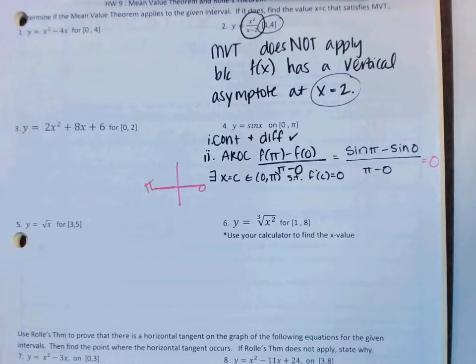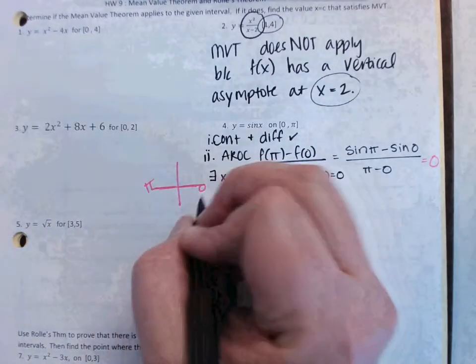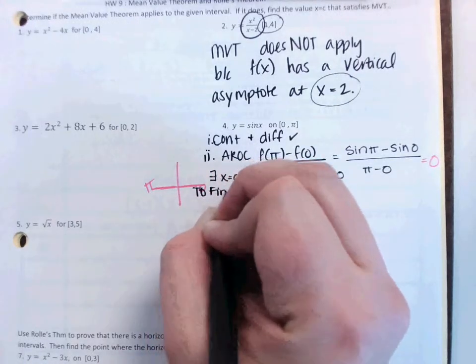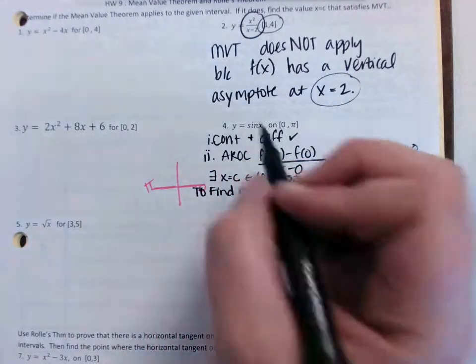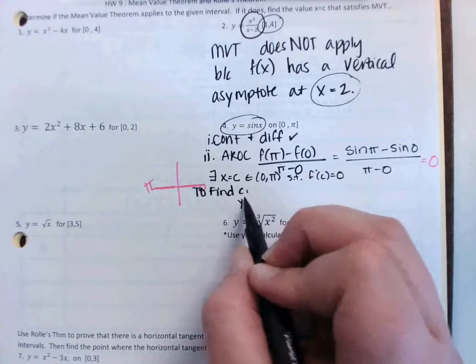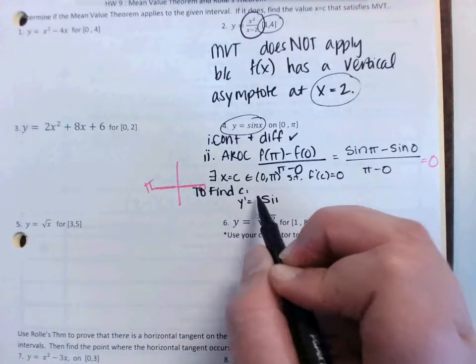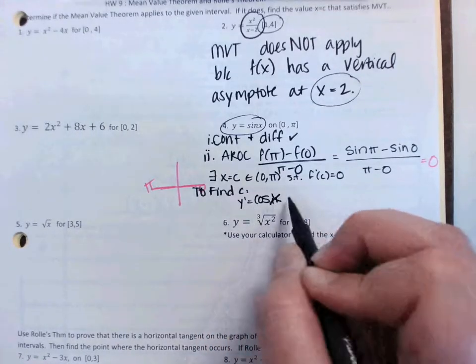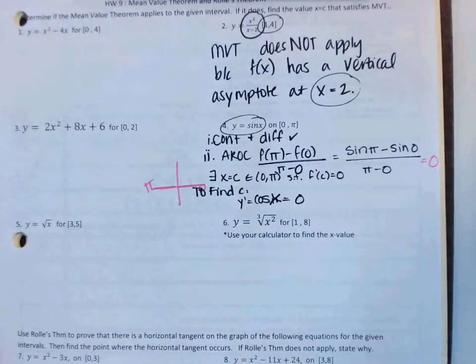So to find our c, what is the derivative of sine x? Cosine x, good. And then set that equal to 0. So this says y prime is cosine. I set it equal to the average rate of change, which I already got to be 0. When is cosine 0?